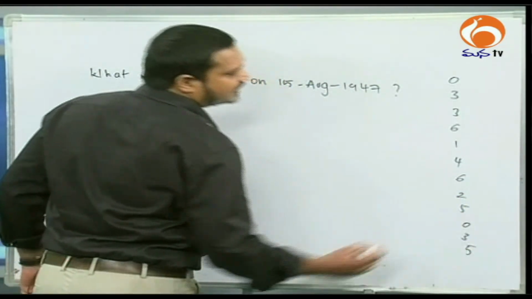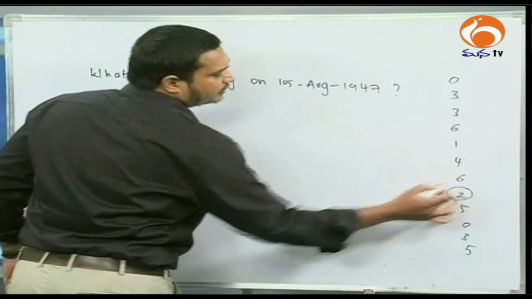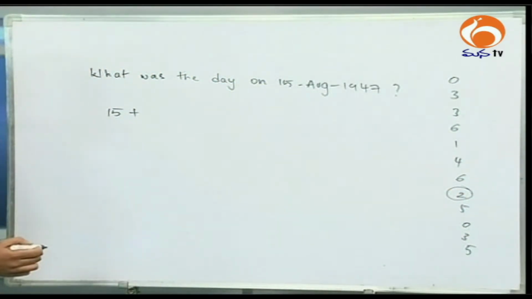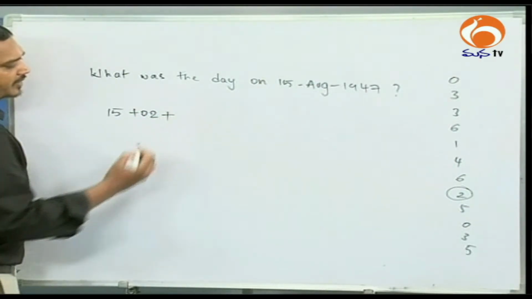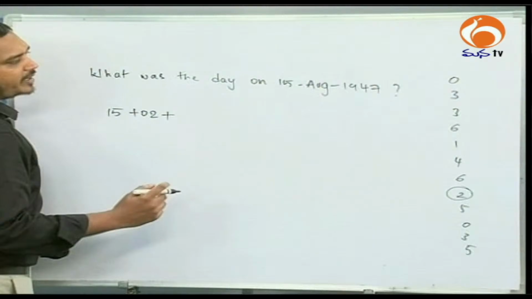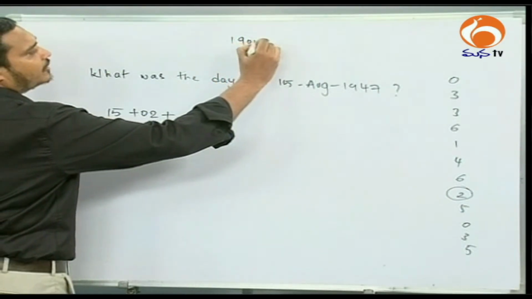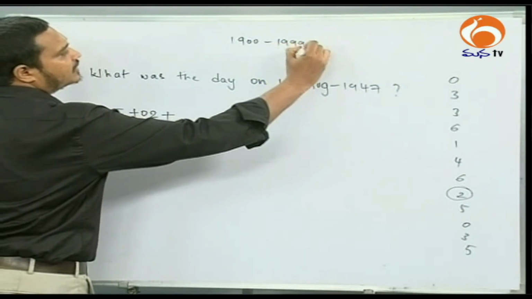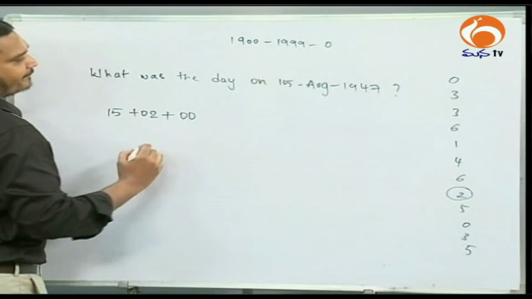We know August is the 8th month. So 1, 2, 3, 4, 5, 6, 7, 8. So the code for August is nothing but 2. So it is 02 or 2, however you want. Plus century code. I told you it is 1900 to 1999. The code is 0. Am I right? So go with 0.